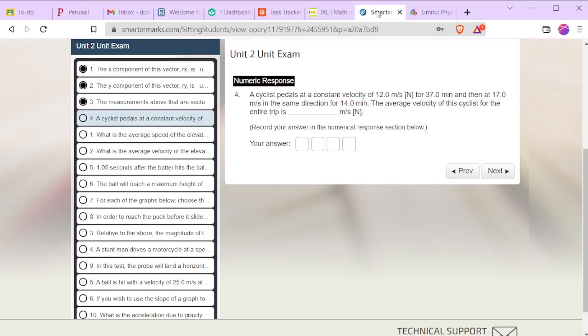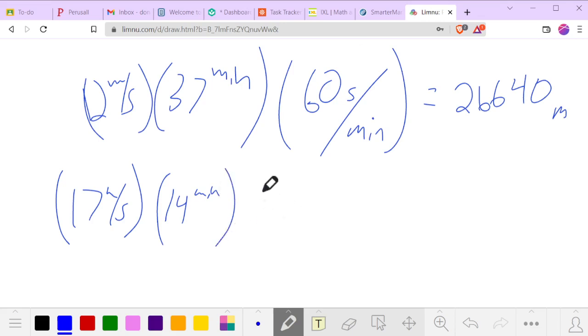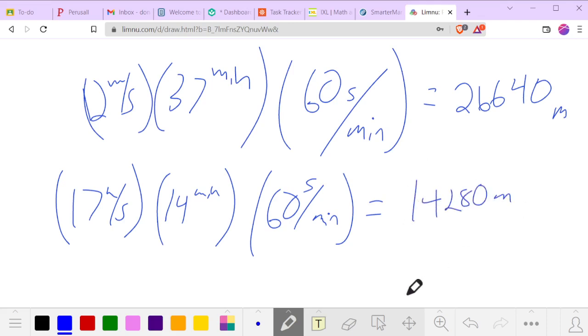Our second leg of the trip is 17 meters per second for 14 minutes. So that's 17 meters per second, 14 minutes, on our same 60 seconds per minute. 17 times 14 times 60. That's 14,280 meters.